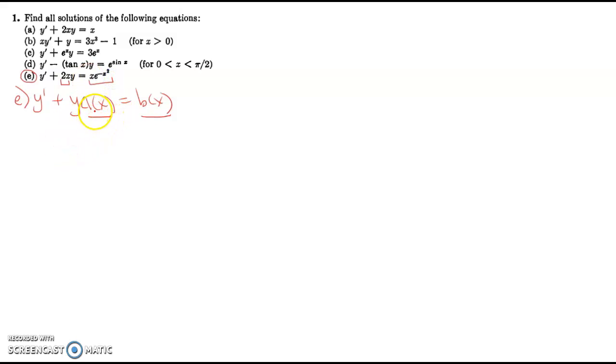We have to identify a of x because that'll play a major role in getting us the integrating factor. So we need the integrating factor to differentiate this equation.